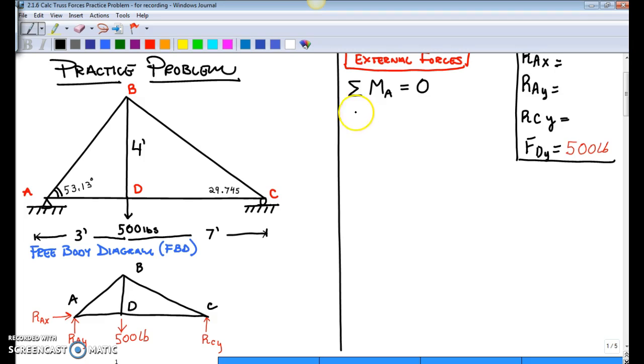The moment we have is 500 pounds at point D. Your force times your distance is given right here as 3 feet.